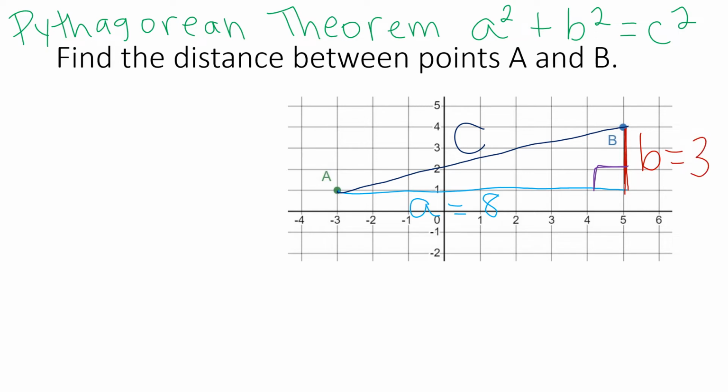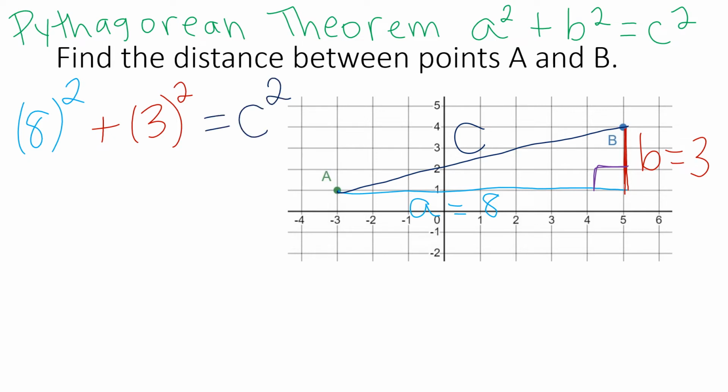So now we're going to plug them into the Pythagorean theorem. So a squared is 8 squared, and b was 3, so we're going to add 3 squared, and that is going to equal c squared. 8 squared really means 8 times 8, which is 64.